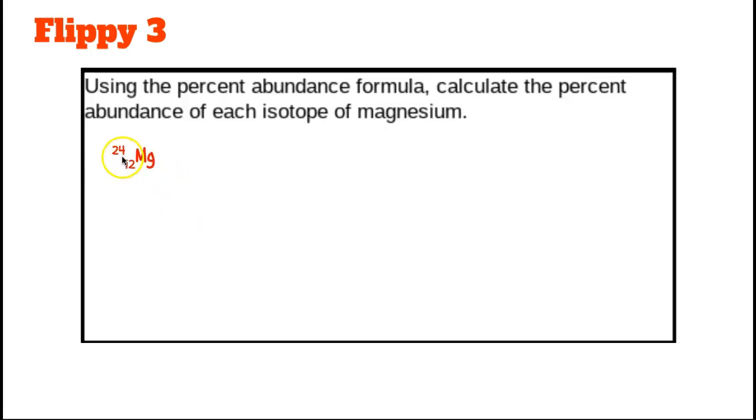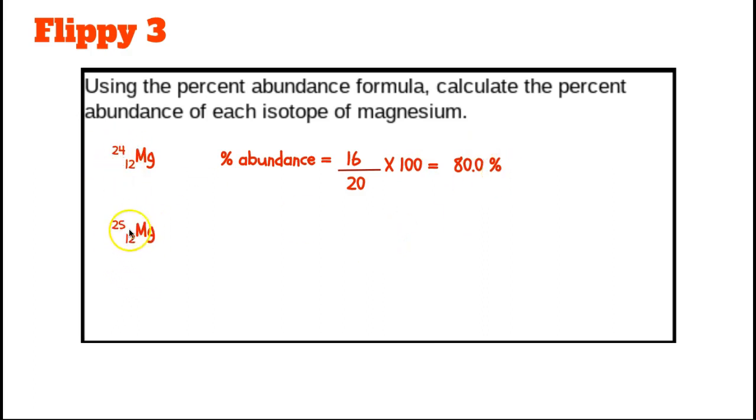So the percent abundance is going to be equal to 16 divided by 20. 16 is the number of atoms that had a mass number of 24, divided by 20, which is the total number of atoms. And then we're going to multiply that by 100, which gives us 80%. So 80% of our magnesium atoms had a mass number of 24.